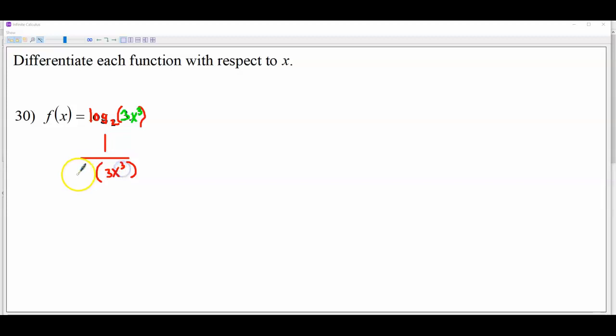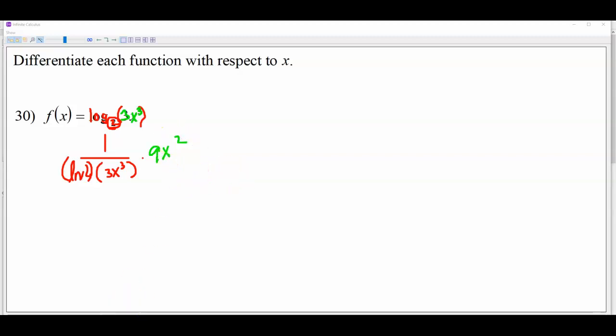But there is a little difference. We're also going to include ln of whatever your base is on the log, in this case 2. So we're multiplying the bottom by ln of 2 as well. Okay. Next, we multiply by the derivative of the inside, which is 9x squared.